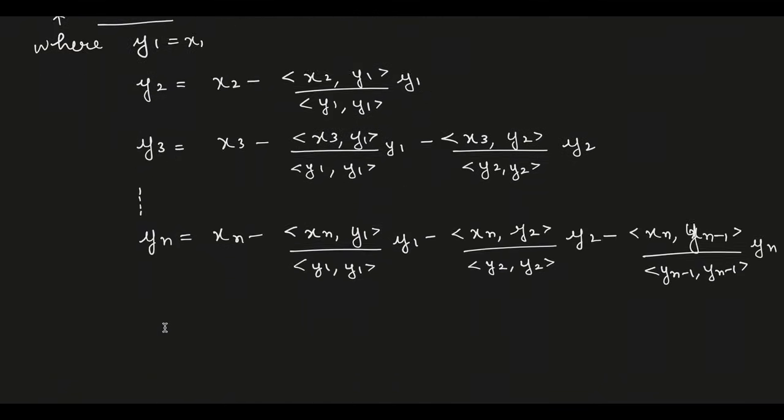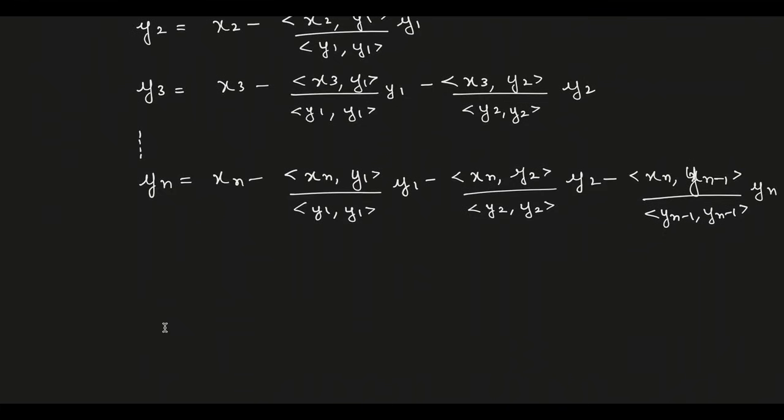Now to normalize these vectors, meaning I want to make them orthonormal. This process, or the above construction, is called the Gram Schmidt orthogonalization process.